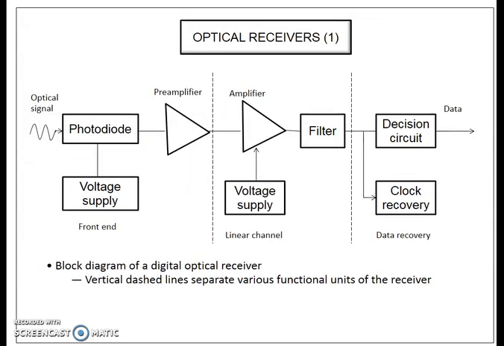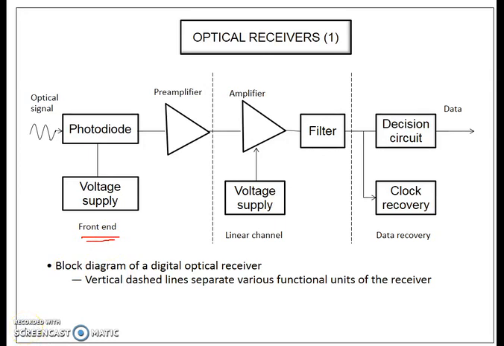Okay, to summarize this chapter, we have a block diagram of an optical receiver where we have three important blocks: the front end part, the linear channel part, and the data recovery part. At the front end part, we have two types of front end circuit: either the trans-impedance front end or the high impedance front end.